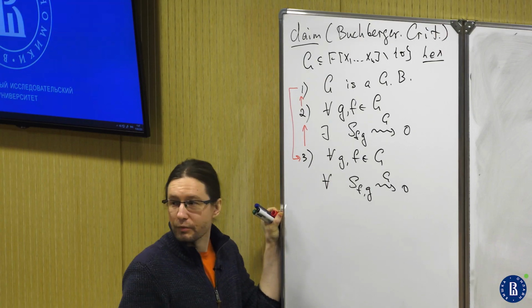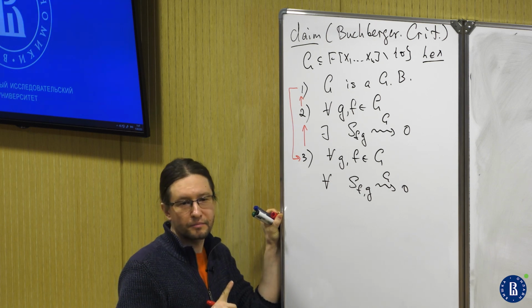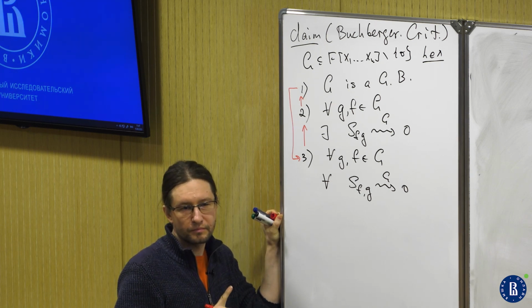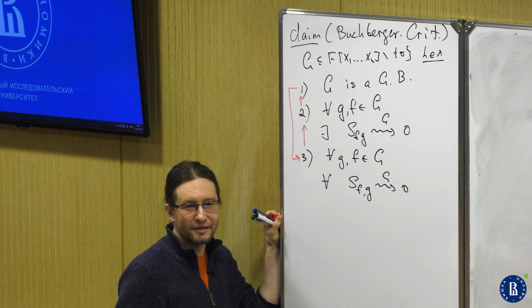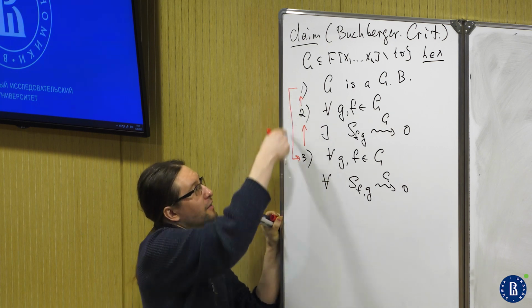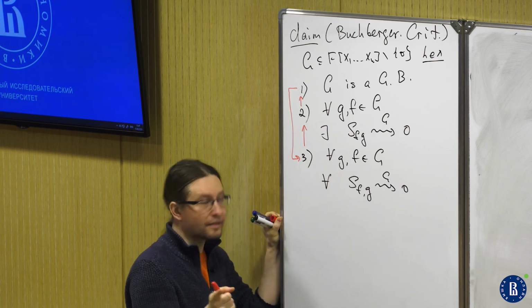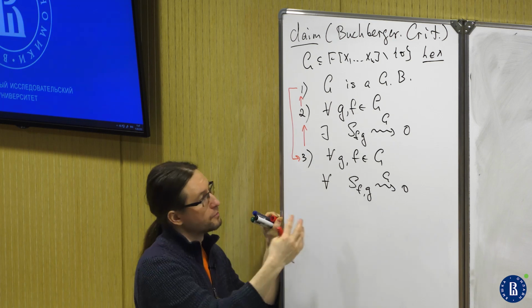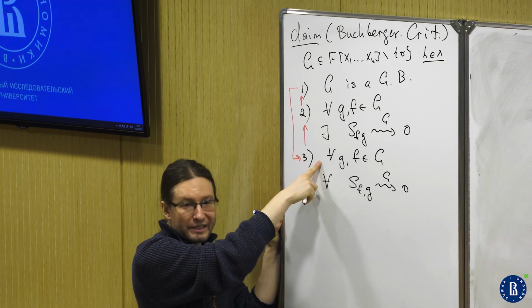Which one is the simplest one? There is at least one which is obvious. Exactly. 3 to 2 is obvious because what does 3 say?